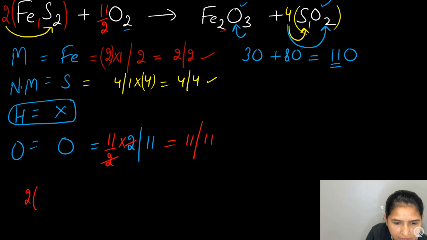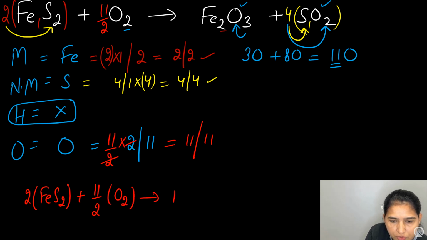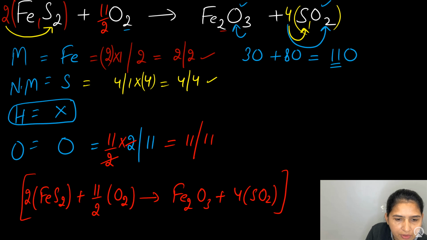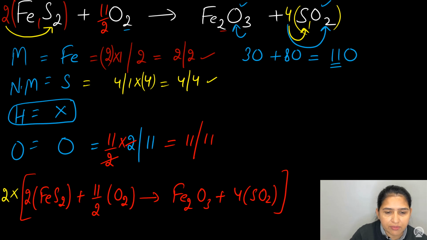So we are having 2 of iron sulfide, 11 by 2 of oxygen, which gives you iron oxide, and 4 of sulfur dioxide. Now I am going to multiply this whole equation by 2. And when I am making it 2, let's see what I am going to get.